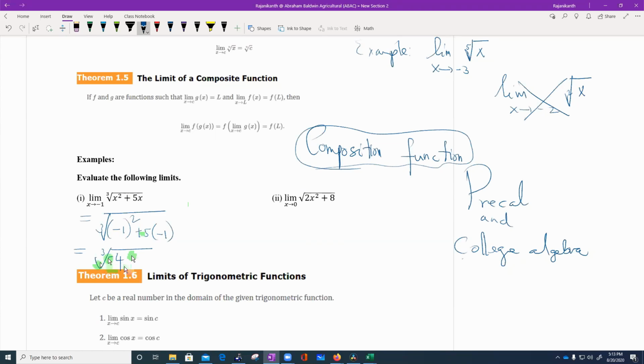Yes, it is possible because 3 is an odd number, so no problem. Regardless of the sign inside, you will always have an answer. So this is the answer for that. But here again, if you plug 0 inside the radical, 2 times 0 squared plus 8, yes, it is simply square root of 8.